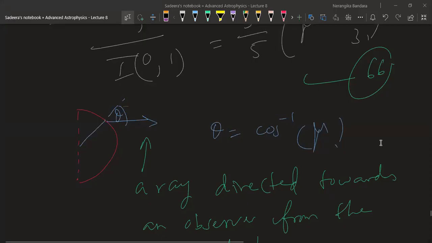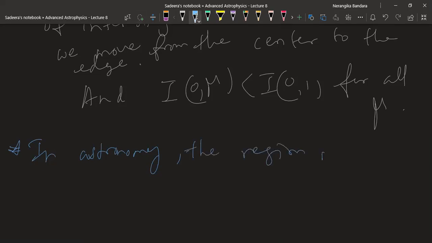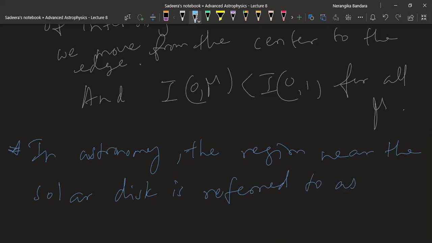And in astronomy, let me write it. In astronomy, the region near the solar disk is referred to as the limb.